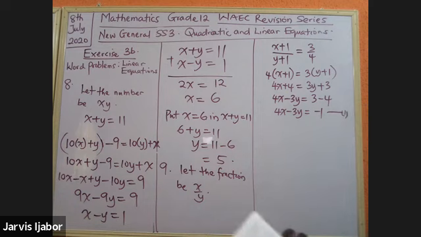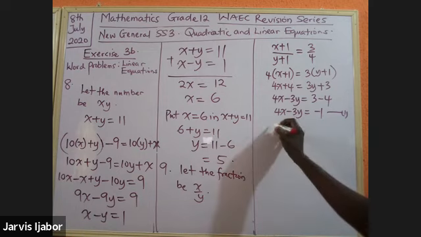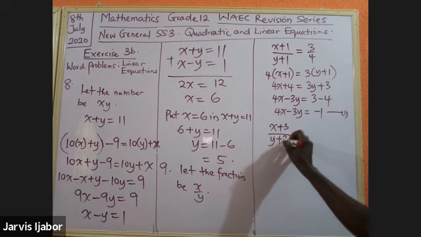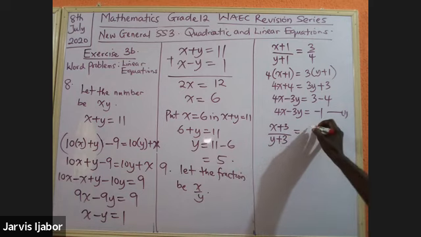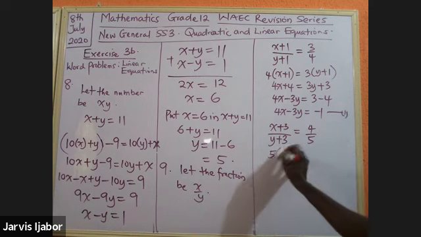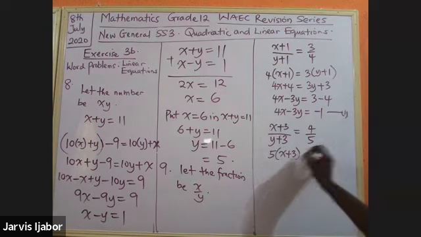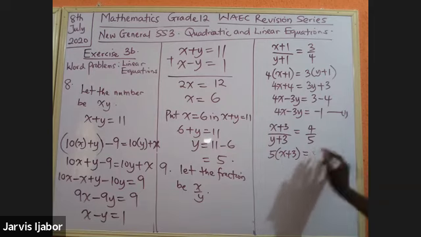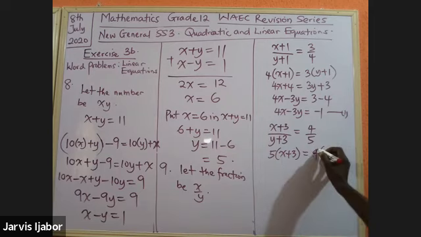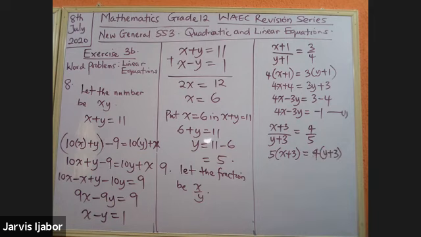Now the second part says if 3 is added to the numerator and to the denominator, the fraction becomes 4 over 5. So how do you do that? x plus 3 over y plus 3 is equal to 4 over 5. That will be 5 into x plus 3 equal to 4 into y plus 3. So what does that give you?